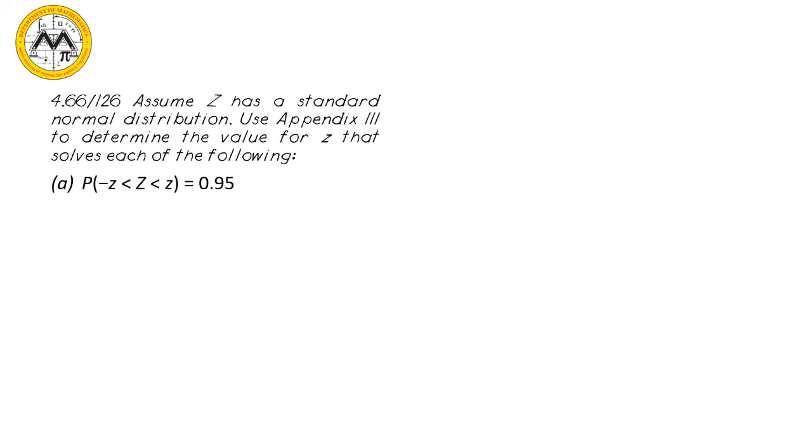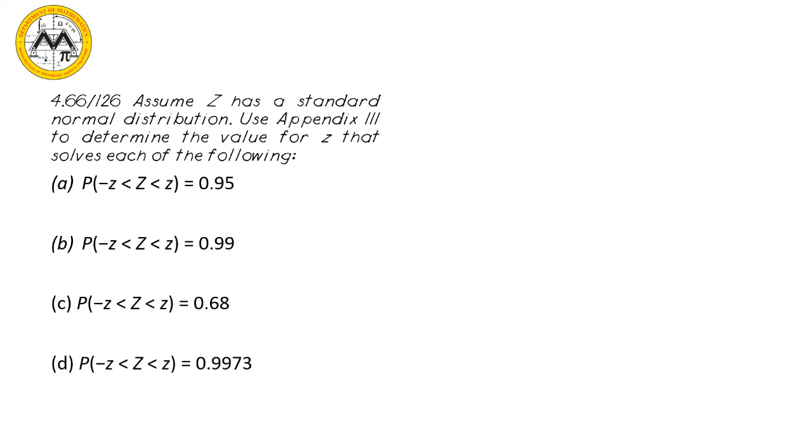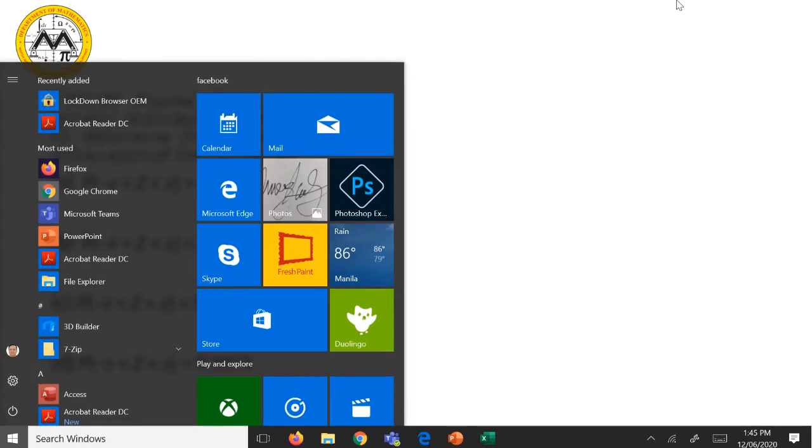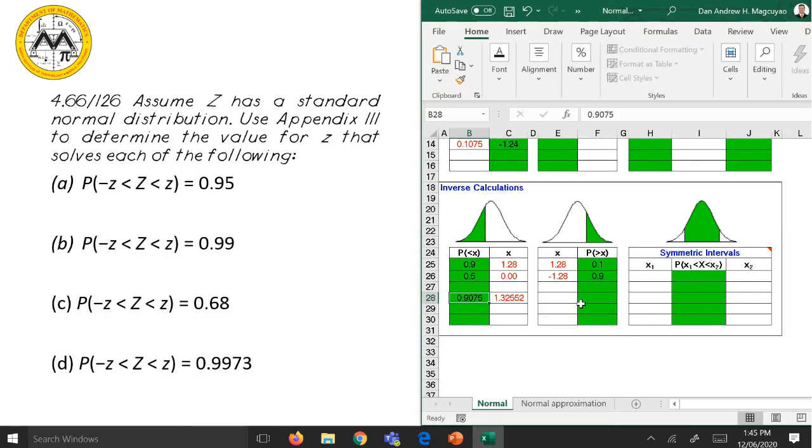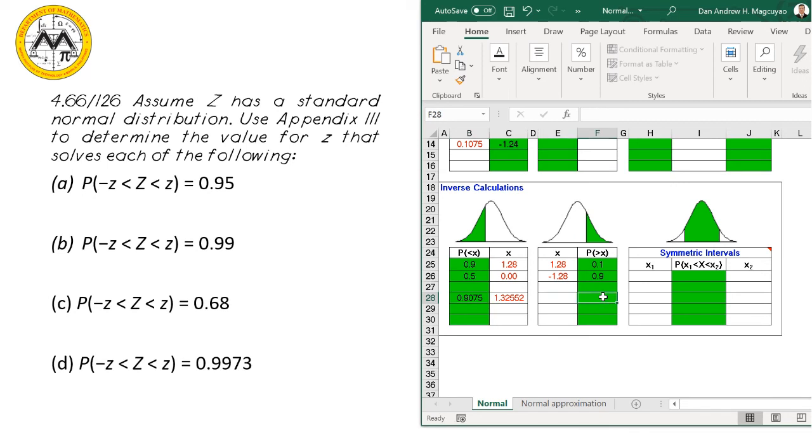Determine the value of z to solve for the symmetric area of 95%, 99%, 68%, and 99.73%. For this one, we're still going to use the Excel file, and take note that we're using symmetric areas. If we are going to have 95% of the area in between, the area outside would be 5%, meaning 2.5% to the left and 2.5% to the right.